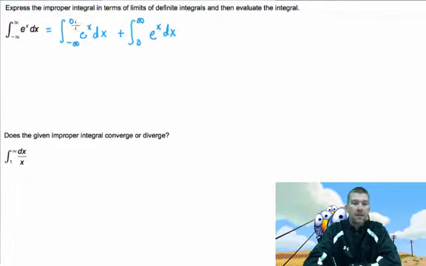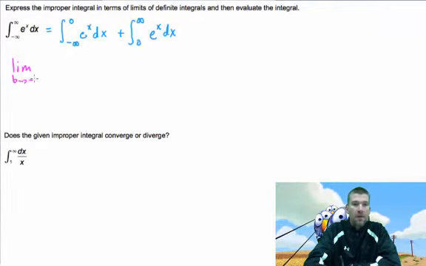So here's our setup. From negative infinity to 0 of e to the x dx plus 0 to infinity of e to the x dx. What this allows us to do then is look at those first two situations that we had. So I'm going to replace negative infinity with b.